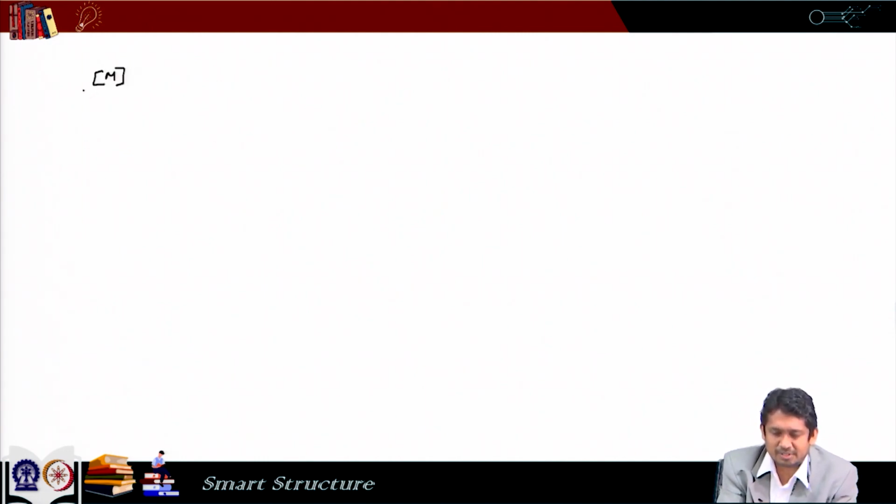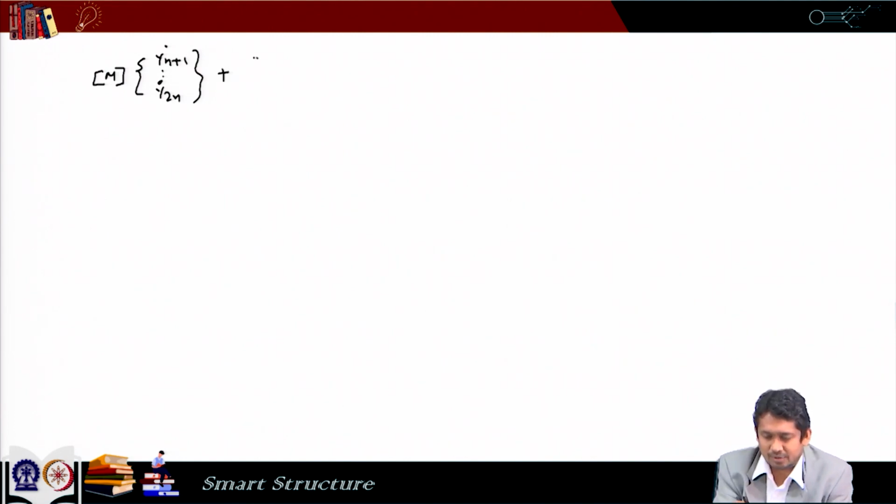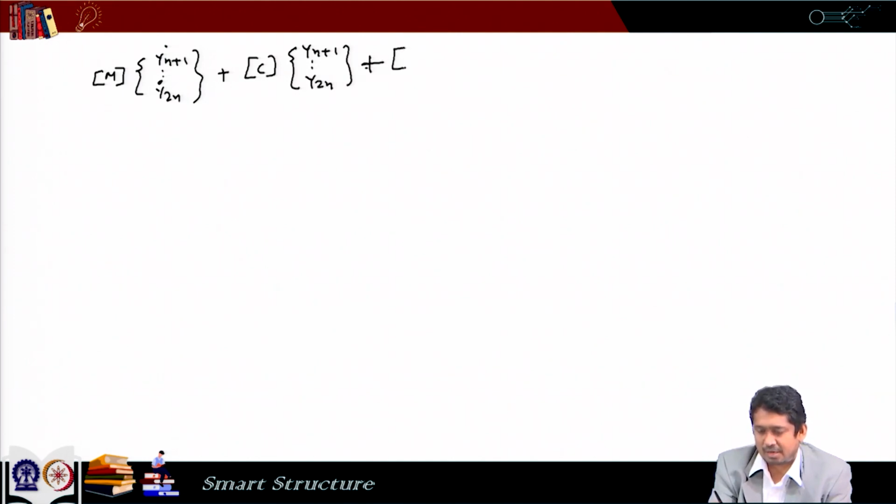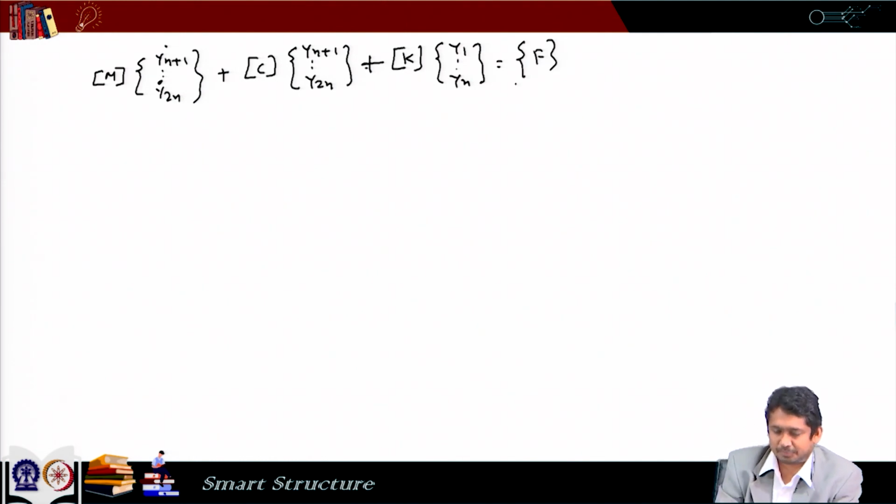So, x1 double dot means the dot of y n plus 1 to y 2n, and then we have c times x dot, means y n plus 1 up to y 2n, plus we have k times x, which means y1 up to yn, and then at the right hand side we have f.